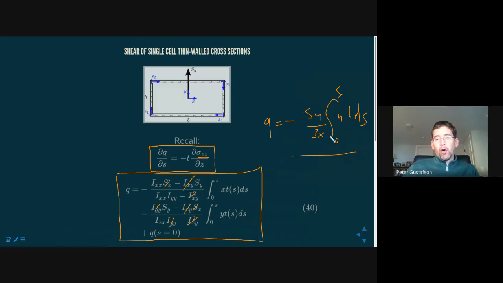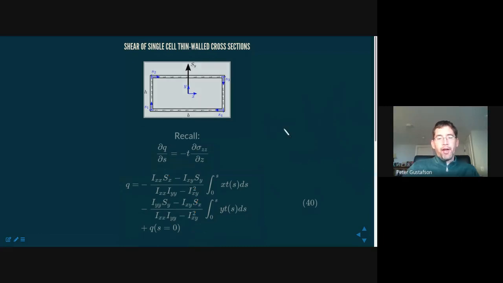We know sy, we know ix, we know y, we just wrote them down, we know t, and we, of course, integrate over ds from the origin to the end of each of these. Don't forget, of course, the integration constant. So there was a plus q initial, q of s equals 0, that we're tracking. Okay, so all of this is the equation we're integrating.